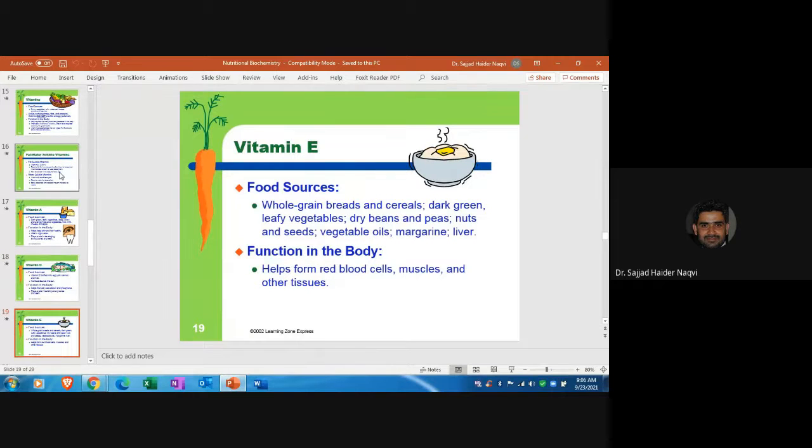Vitamin E sources include whole grain bread, cereals, dark green leafy vegetables, dry beans, peas, nuts and seeds, vegetable oil, and so on and so forth. A very important role is to help form red blood cells, muscles, and other tissues. That's why you might have seen that skin care related products essentially have vitamin E in them.